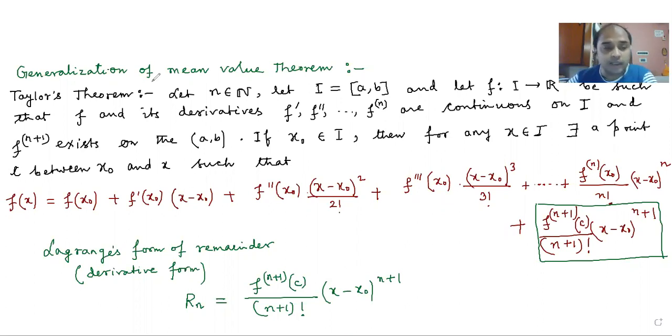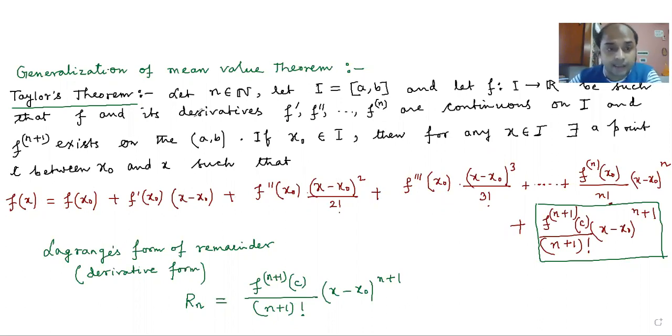Now you will gradually know why Taylor's theorem is so important. You will come to know of this fact today, and I shall also make you understand what it is actually doing. Why on the left hand side we have f of x and on the right hand side we have this big expression.